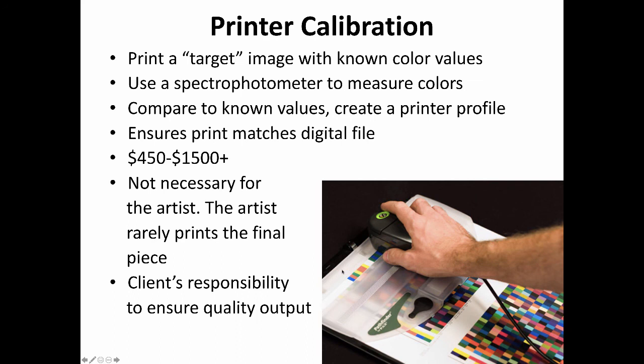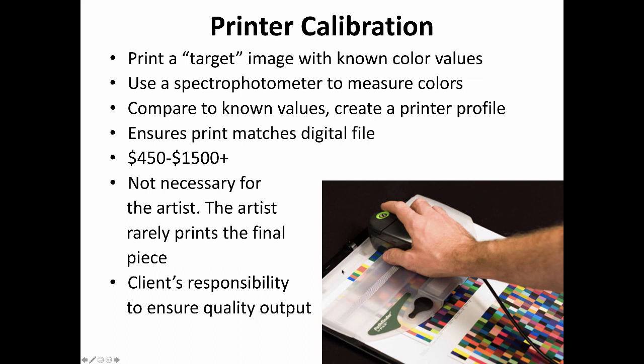So in order to calibrate a printer, you print what's known as a target image on that printing device. A target image is an image such as what you can see in the bottom right corner of the screen that contains little swatches of colors. And we know what those color values are supposed to be.